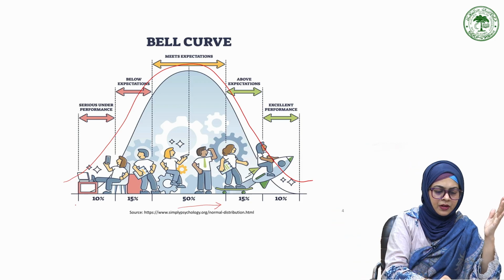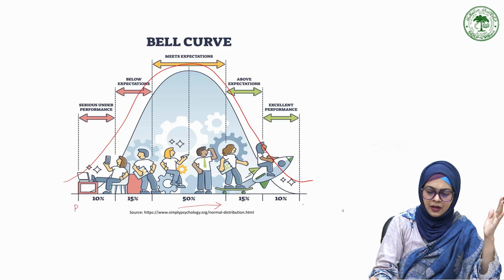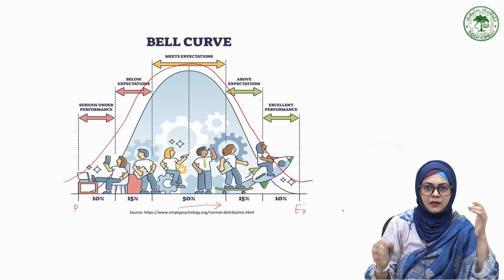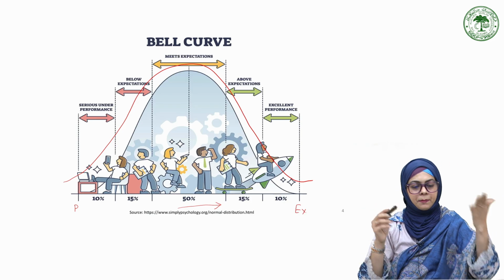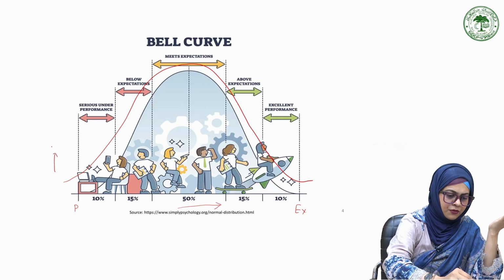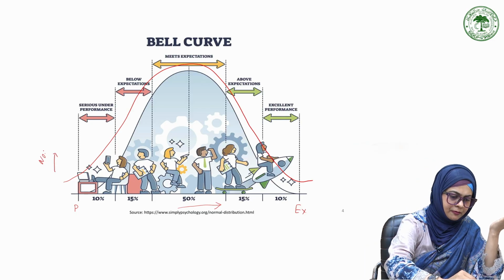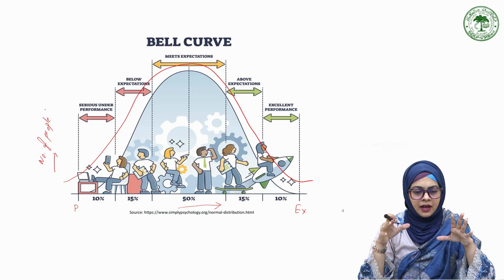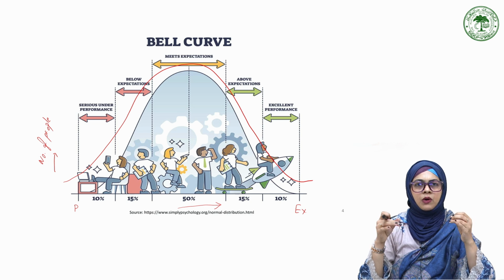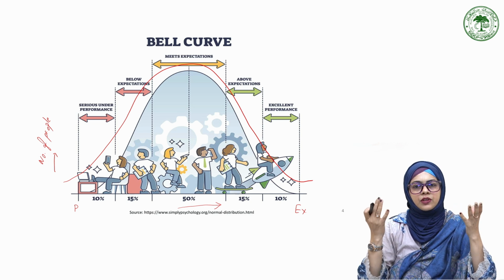So here it would be poor and this would be excellent. The vertical axis represents the number of people, or number of students, who have been judged according to their performance.